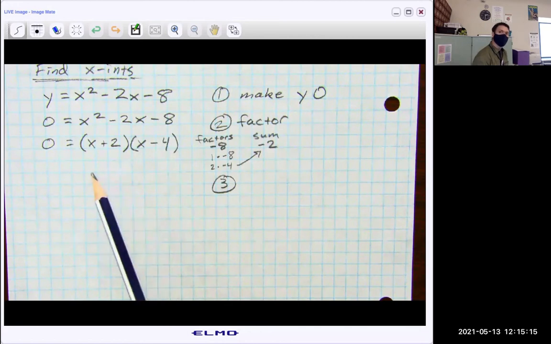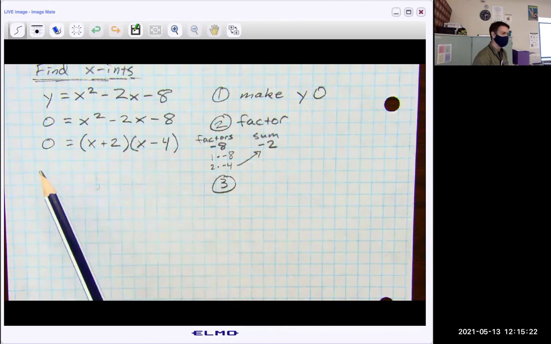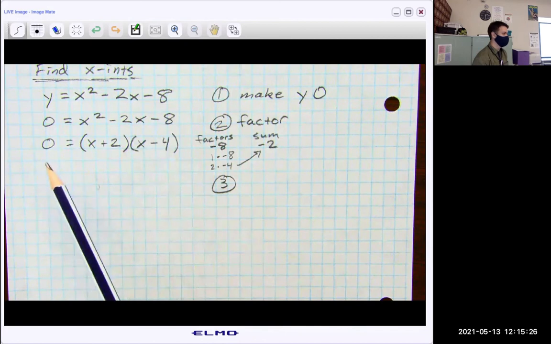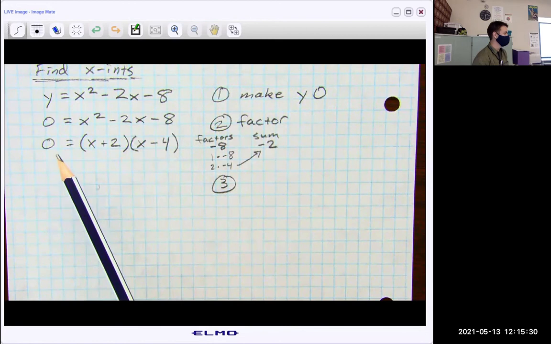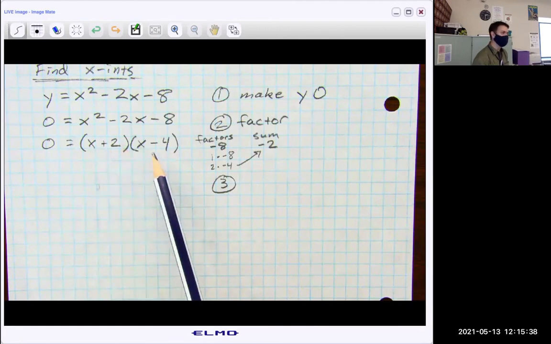It means something here times something here have to equal 0. How do you multiply two things and get a 0? Yeah, so one of them has to be 0. Either this has to be a 0 or this has to be a 0, because when you multiply it has to equal 0.